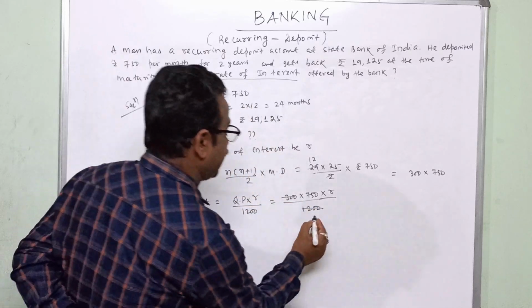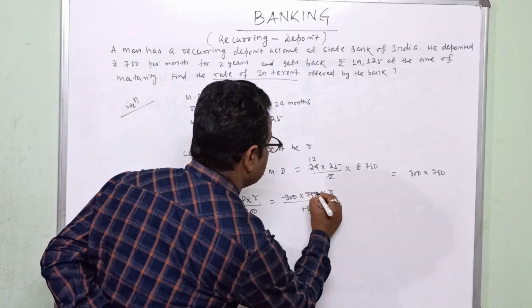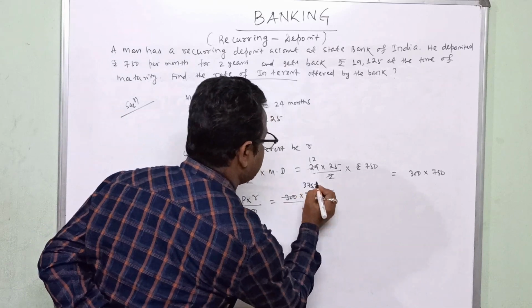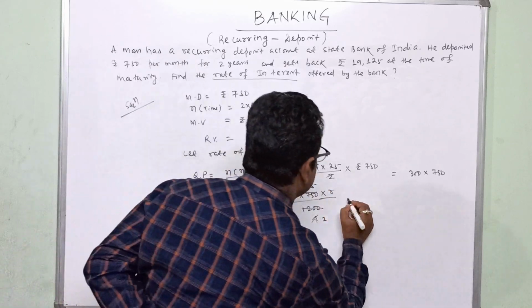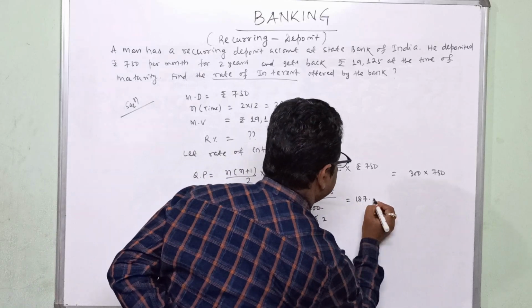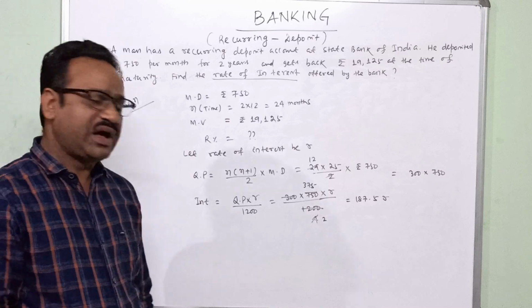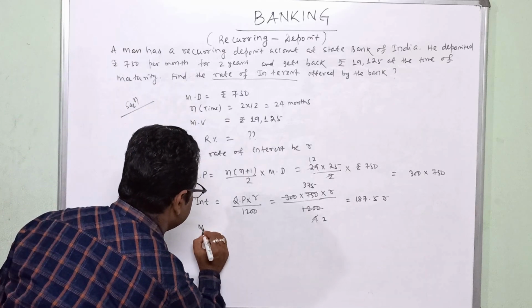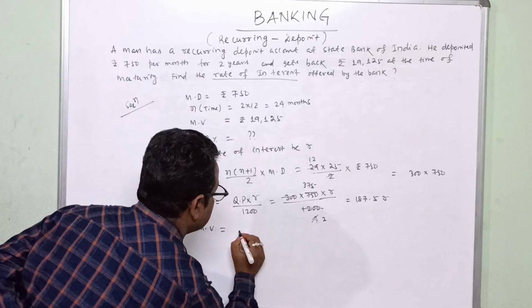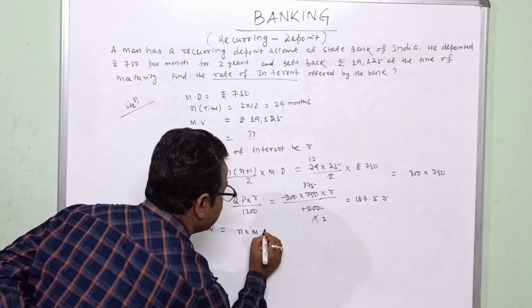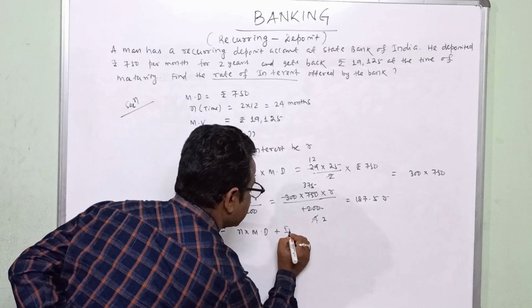So now by 2 is coming 375 by 2 is equal to 187.5 R. 187.5 R. Now MV is equal to N into MD plus interest.